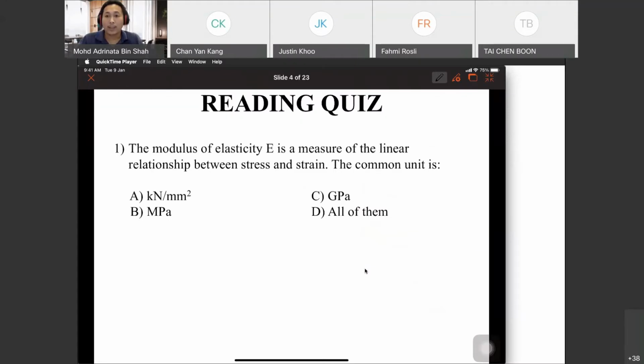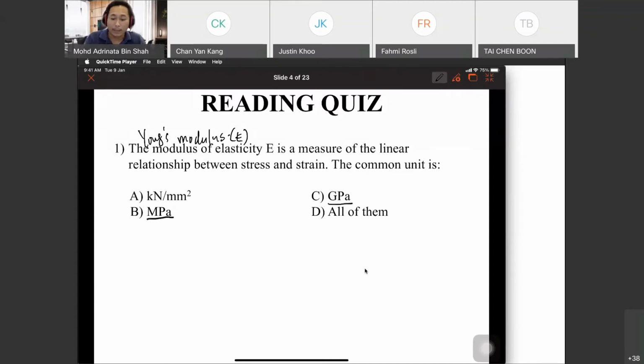Modulus of elasticity, E, is a measure of the linear relationship between stress and strain. Pascal and megapascal is the same unit.